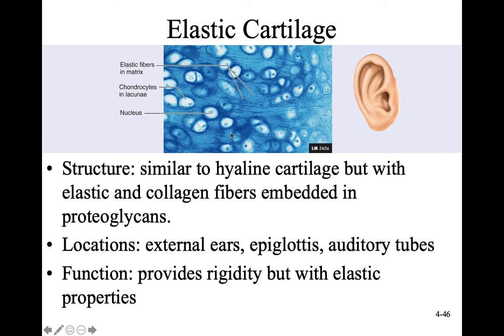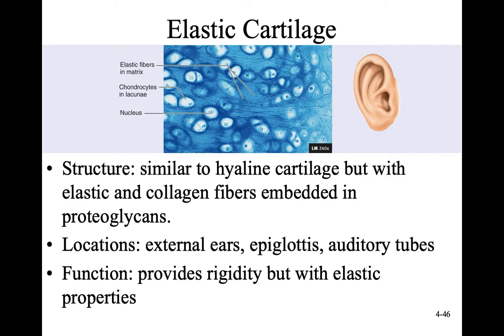These will give this tissue structure again from the collagen fibers, but elasticity from the elastic fibers. Now again, we also have the proteoglycans trapped. These are again going to allow us to compress it, and then it'll return to its original shape based on the ability of the water to leave the cartilage and then return to it very quickly.